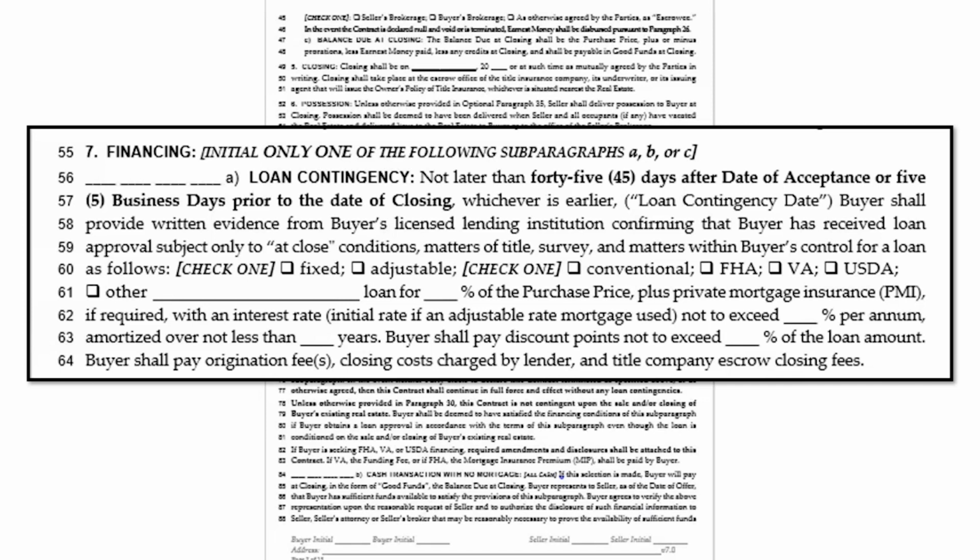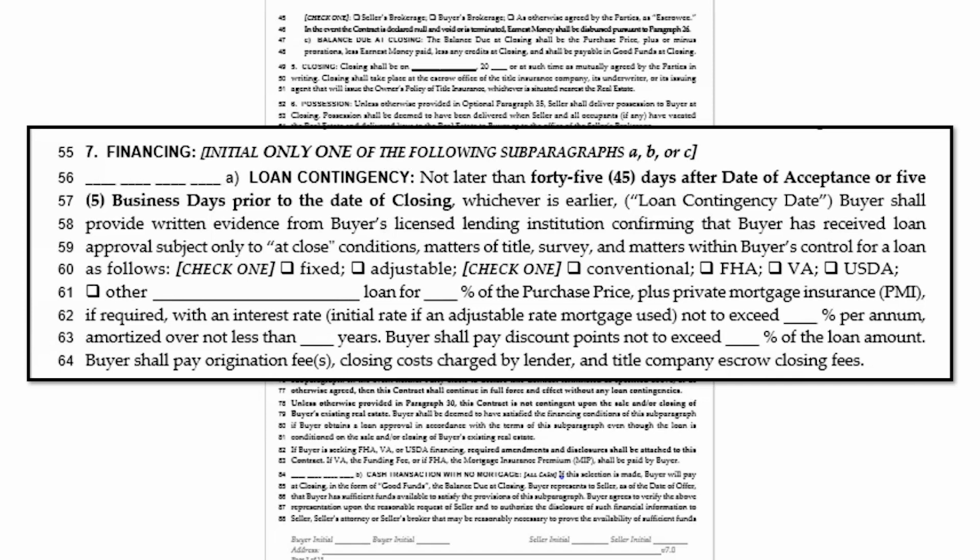Okay. It then goes on at line 62 to call for the interest rate and how long it's going to be amortized. So let's just say it was a 5.5% interest rate loan amortized over 30 years. And then it goes on to say that the buyer is going to pay his own discount points, not to exceed whatever that might be, and he's going to pay all of his origination fees, et cetera.